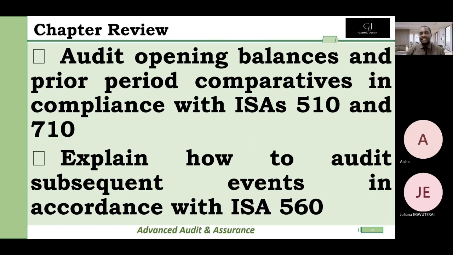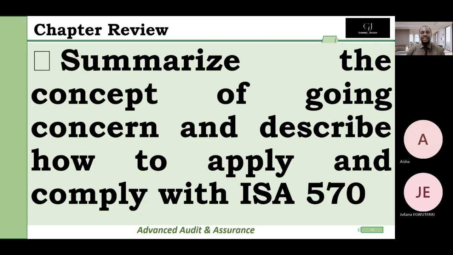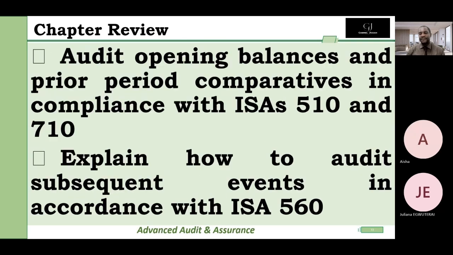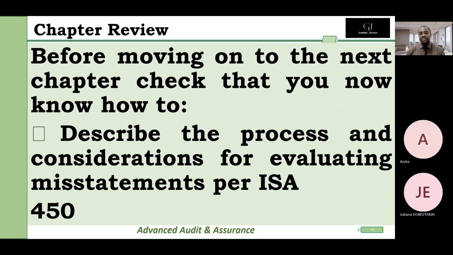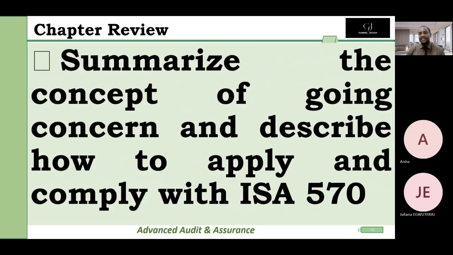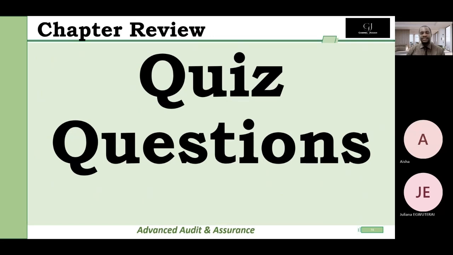We also need to test that auditing opening balances and prior year narrative is well comprehended, explain how to audit subsequent events in accordance with ISA 560, and summarize going concern and its application in ISA 570.